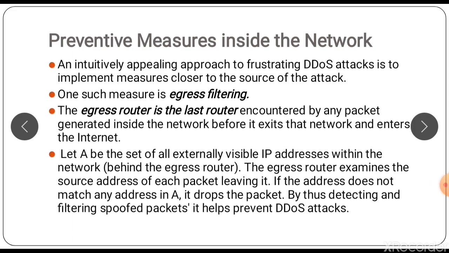The idea of egress filtering has been extended to routers in the core of the Internet. Internet routing is done based upon the destination address contained in the packet. A filter, on the other hand, uses the packet source address to make a decision on whether or not to discard the packet.